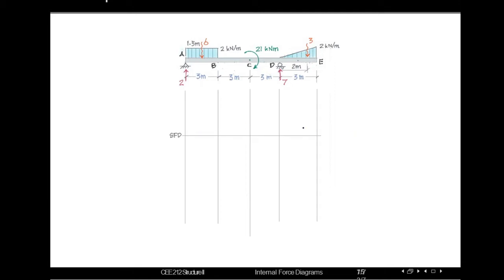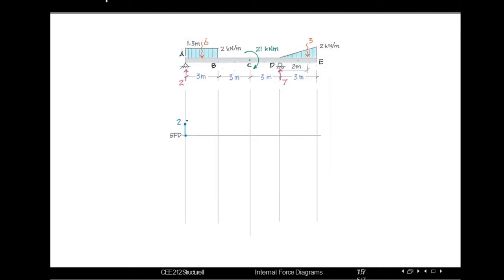In the shear force diagram, starting from point A, you can see it's facing a load upward, so moving upward 2. Now we need to move from A to B. In between A and B, we can see a uniformly distributed load, and for this 2 kilonewton per meter uniformly distributed load, the total load was 6.